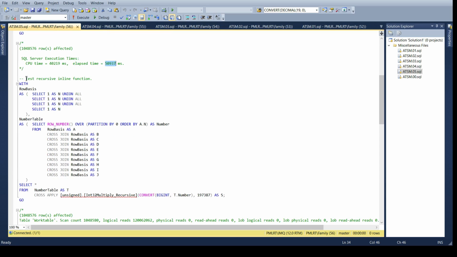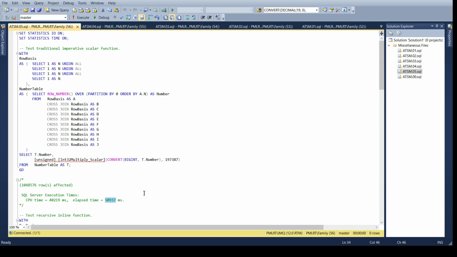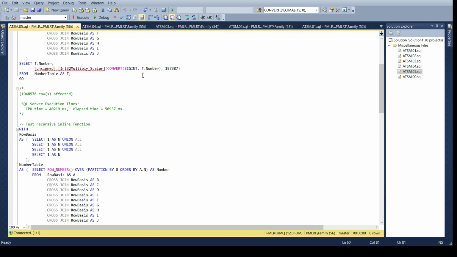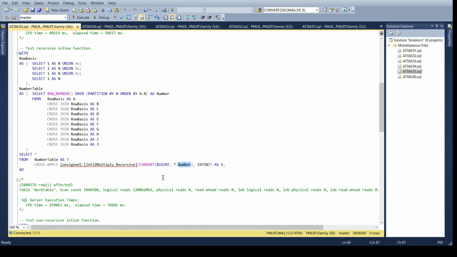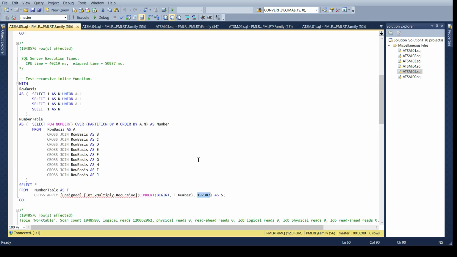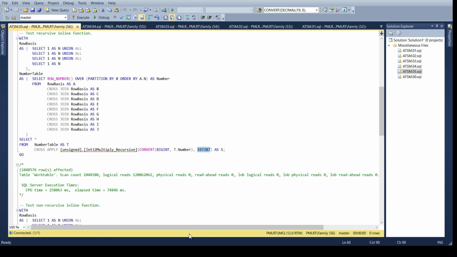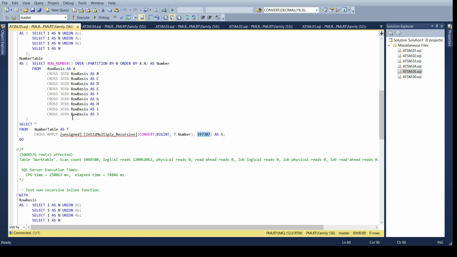So I ran this test with the recursive version, the same exact 1,000,000 rows, and of course when you do it as an inline function, you cross apply. It's essentially running the same set of numbers through the multiply function. And then we ran this, and this was really bad.